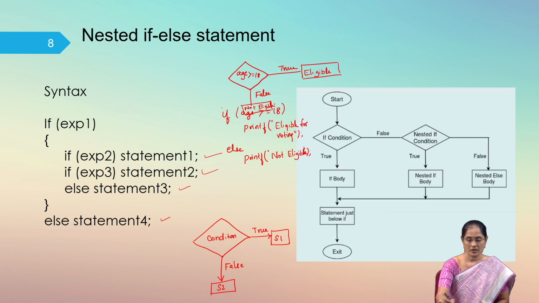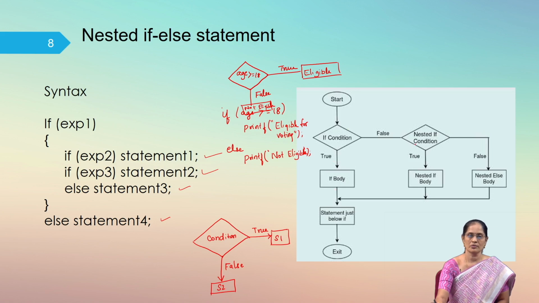Here, let us do the same exercise with the given syntax. The given syntax says that if expression 1 is true, we will be executing the nested if condition. For the start symbol we will use an elliptical symbol, then we check the condition. If this condition becomes true, it executes the if body.